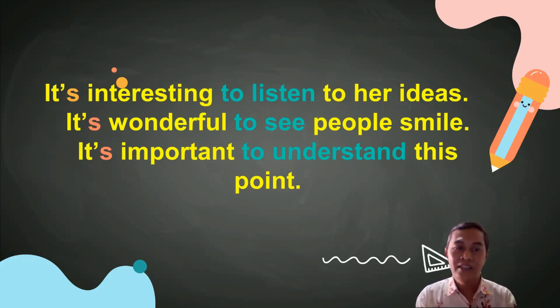As we can see in the third sentence, it's important to understand this point. This is still the same pattern. So it as a subject and then is as the verb, and then important as an adjective, and then to verb, to understand. Is it clear?